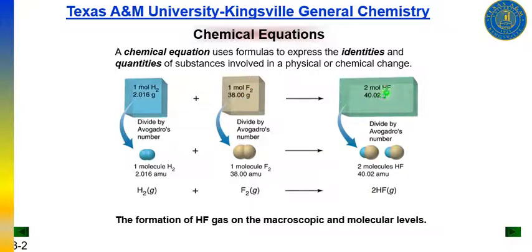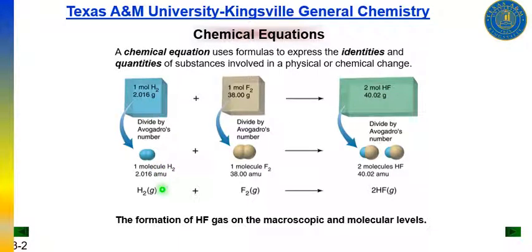You are going to produce 2 moles of hydrogen fluoride. Based on what we learned from the law of mass conservation, you are going to see you have 2.01216 grams of hydrogen, 38 grams of fluorine, and 40 grams of hydrogen fluoride will be produced.